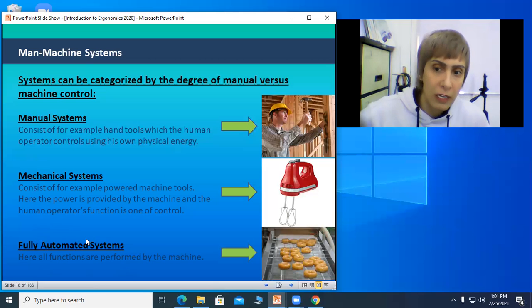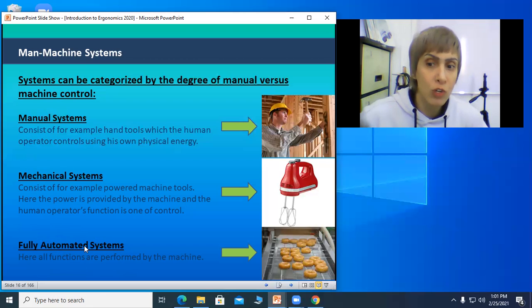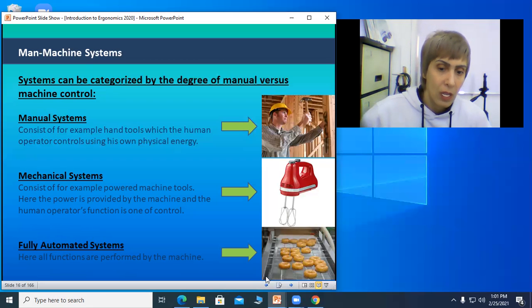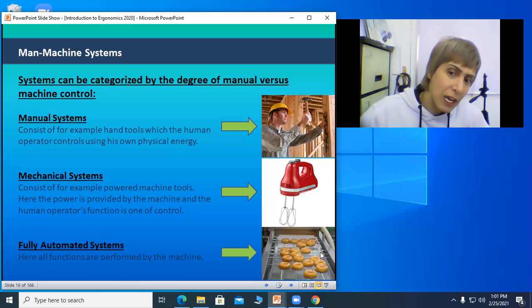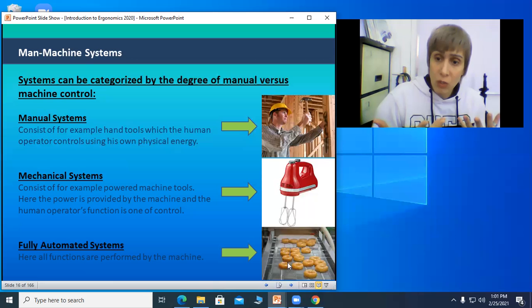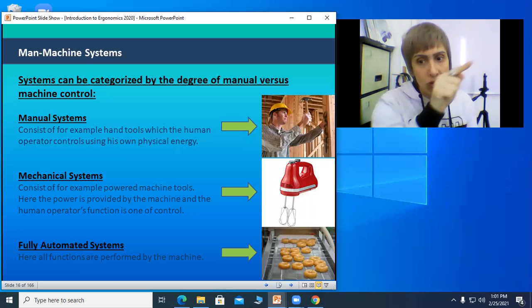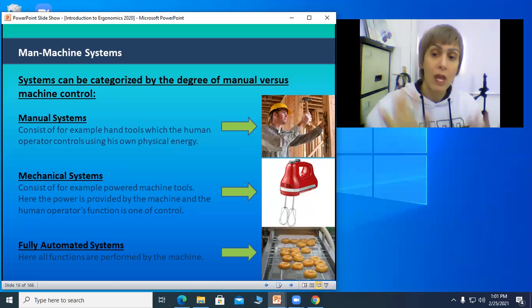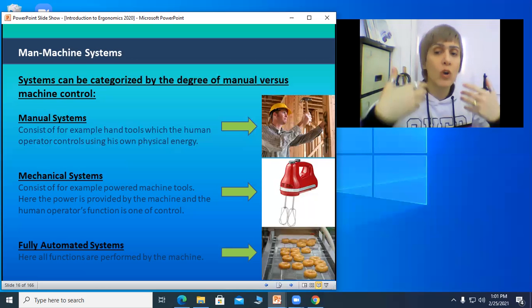There is also a third category, which is the fully automated systems. This applies basically to big manufacturing plants where the human is only used, for example, to switch on the machines, and then the machines do all the work.